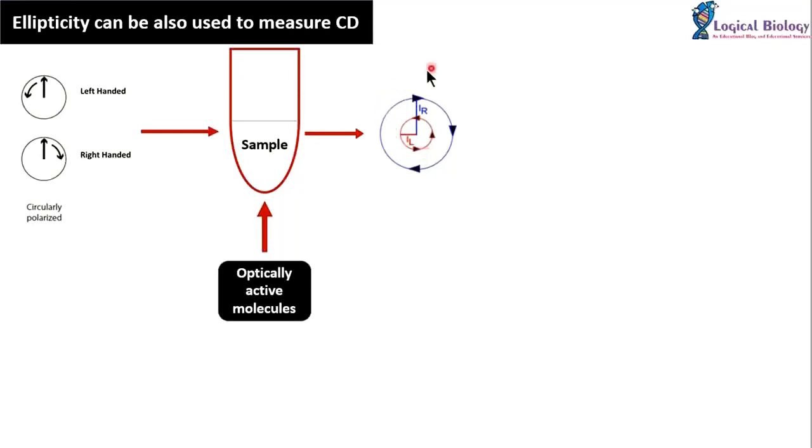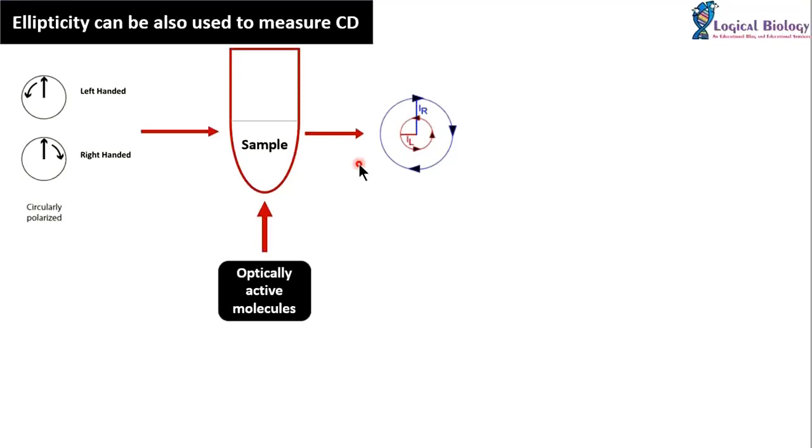By looking at these two circles, I can say that the sample is absorbing more left-handed light than right-handed light. Initially the amplitude was the same for both, but after absorbance the amplitude of left-handed light is decreasing and the amplitude of right-handed light is more than left-handed light. Why?